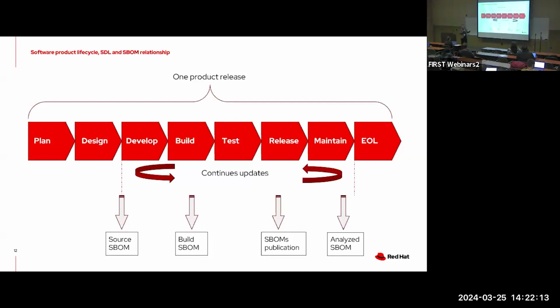Here we have those Z-stream updates from the lifecycle diagram. During the build phase, we produce the build SBOM. Release is, like we already discussed, the time when we publish our SBOMs. As a part of the maintenance, we can deliver the analyzed SBOMs depending on the customer requests.